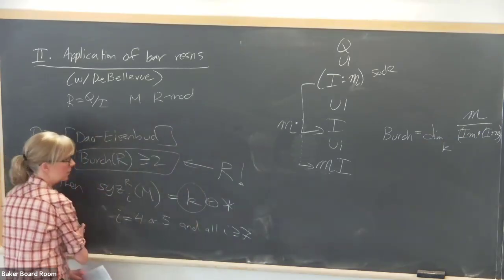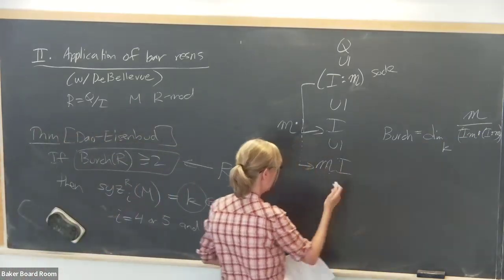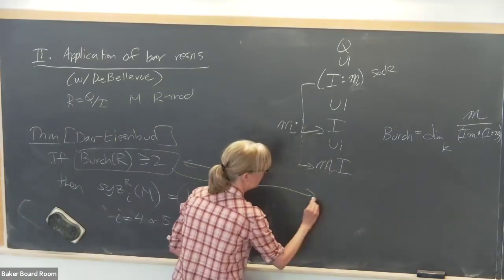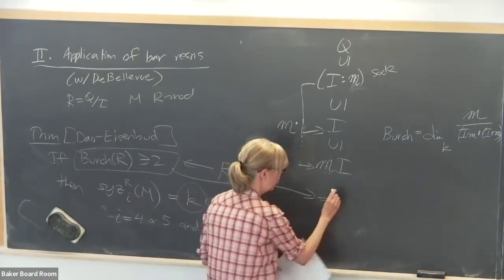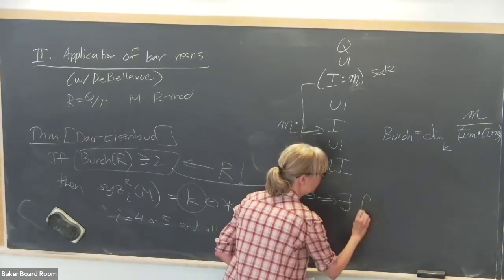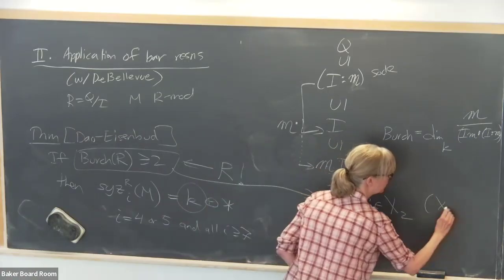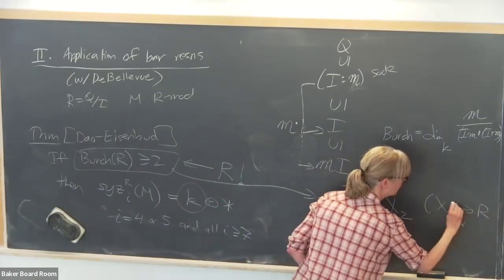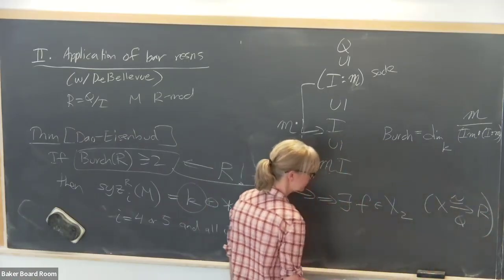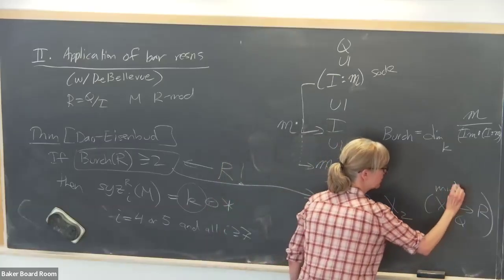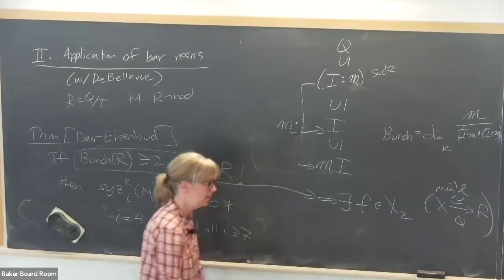Okay, all right. So this Birch index being at least 2 gives you that there exists an F in X2, which is again, X is the resolution of R over Q, a DGL, or let's say a minimal resolution, which you can put an A infinity structure on.